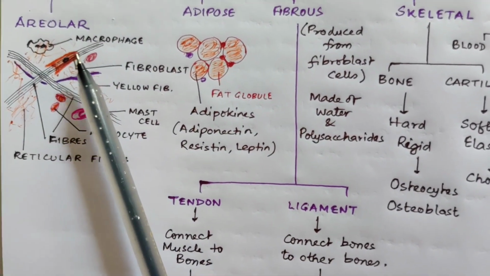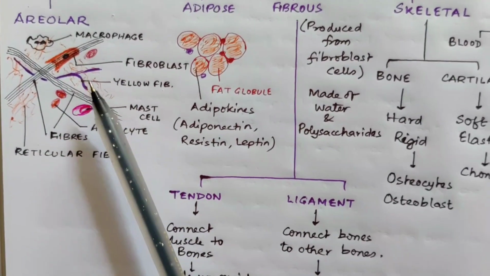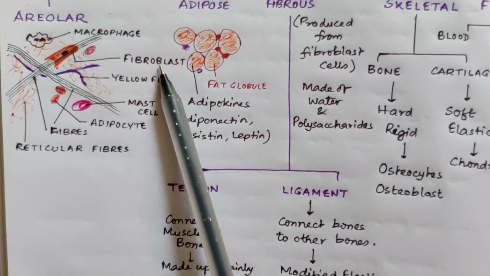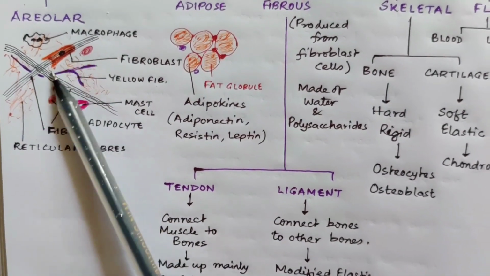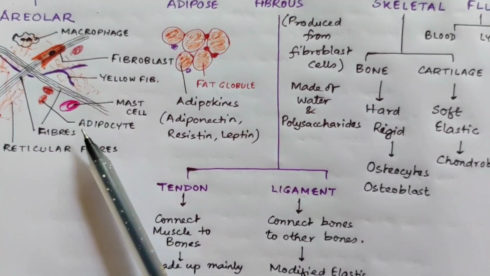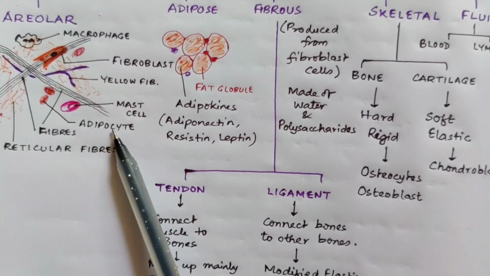Now areolar tissue: there are many different types of cells present in areolar tissue. They may be fibroblast cells. The fibroblast cells form the fibers. See the fibers over here. They may contain adipocyte cells forming fat tissue.